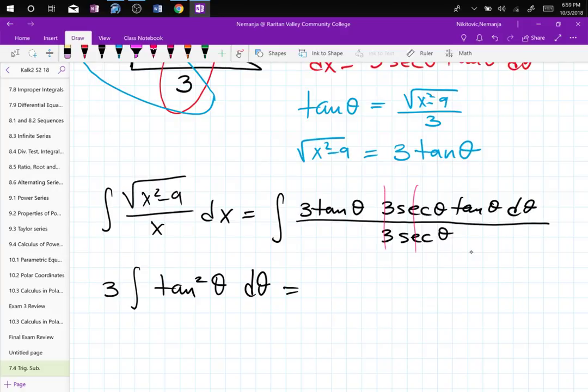By cosine. So divide by cosine squared, cosine squared, cosine squared. And there is your tangent squared theta plus 1 is equal to secant squared theta. So tangent squared theta is going to be secant squared theta minus 1. Cool? So now you are going to replace the tangent squared with this. You can integrate this and you can integrate that, and then use the triangle to sub back.